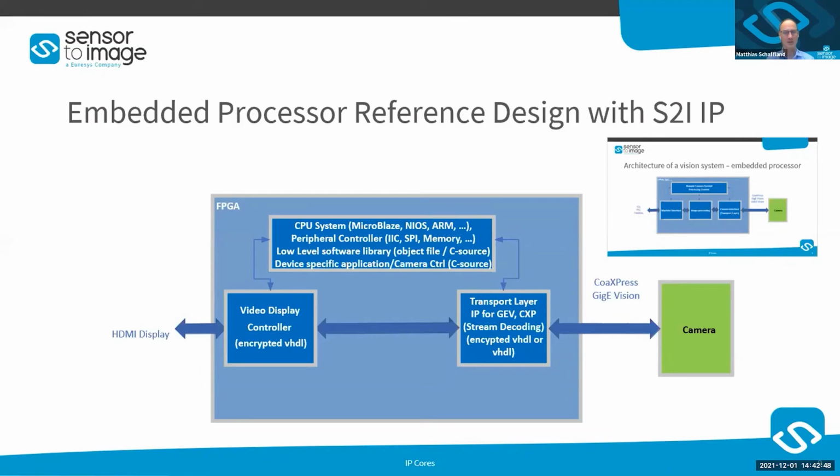So this is much easier here. Again, coding these commands, like setting the exposure time of the camera in the correct packet format, is done using a lower level software library, which abstracts the use of the IP core.